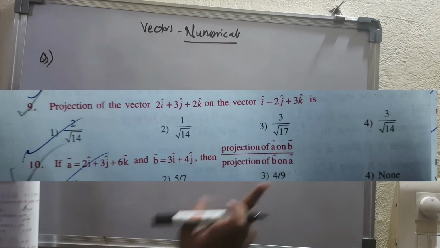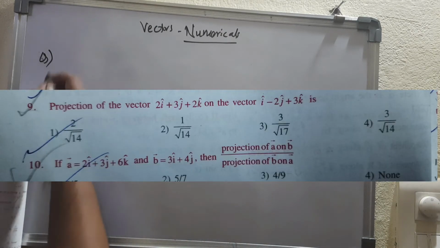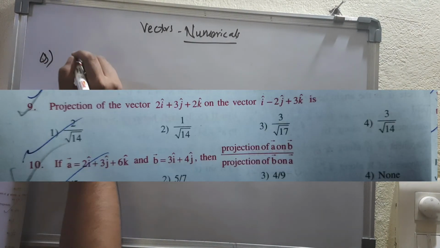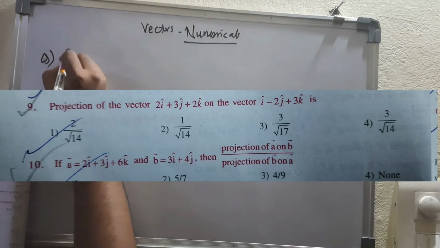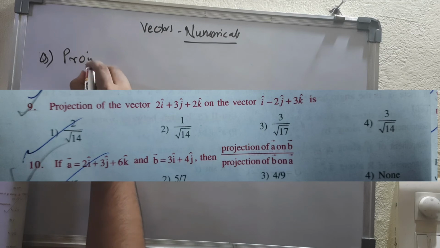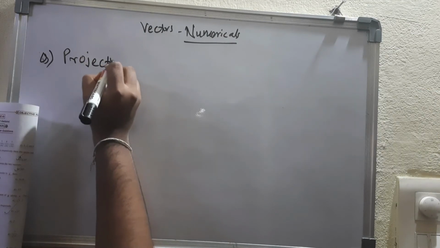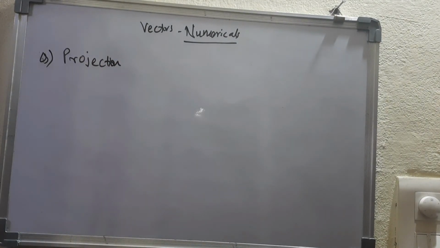So the question, you can see it here. This is a question on projection. Projection is nothing but taking a body and throwing it up; this will be the projection of the body.